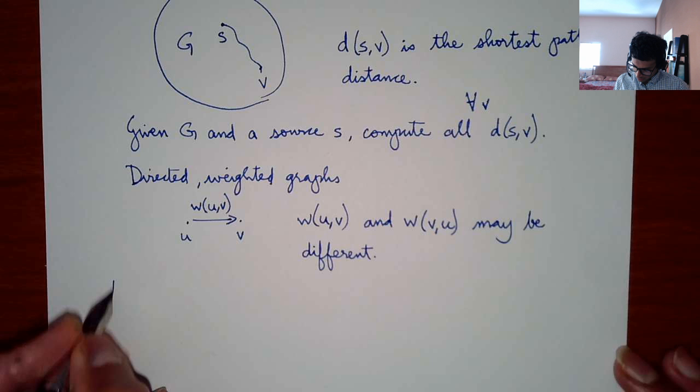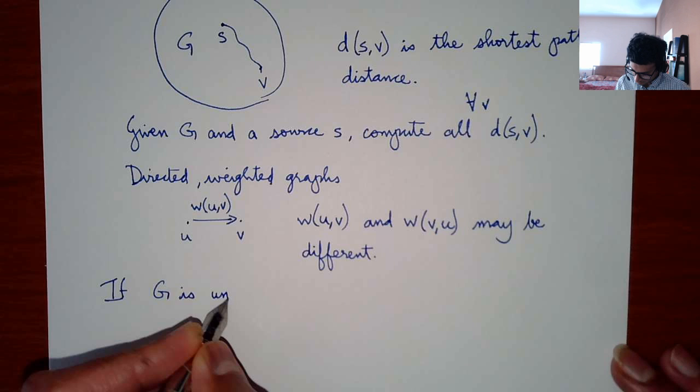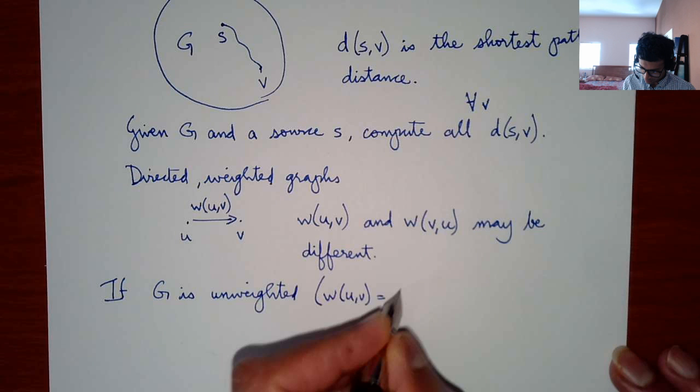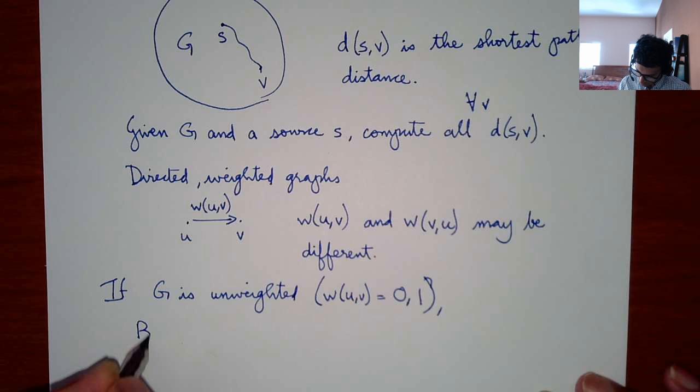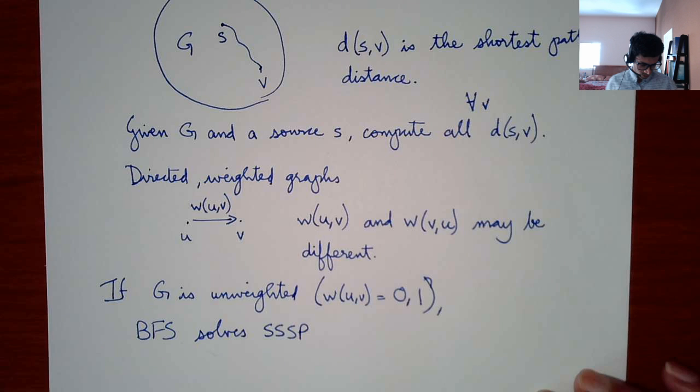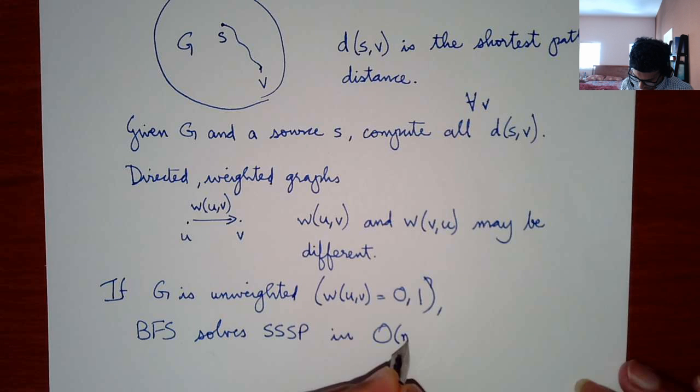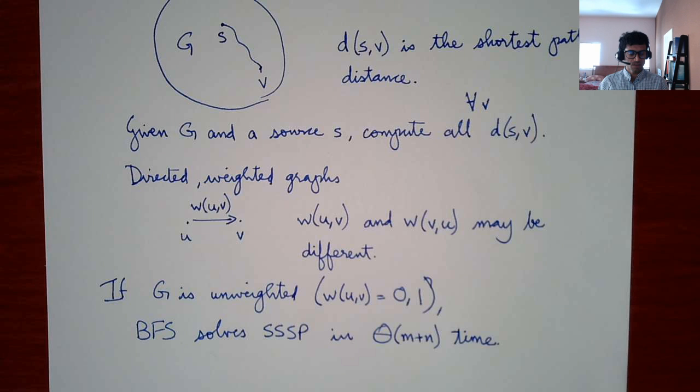Now, if G is unweighted, and what unweighted simply means is that the weights are either 0 or 1, which is sort of the usual case that you see, then BFS solves single source shortest path in essentially O(m+n) time.